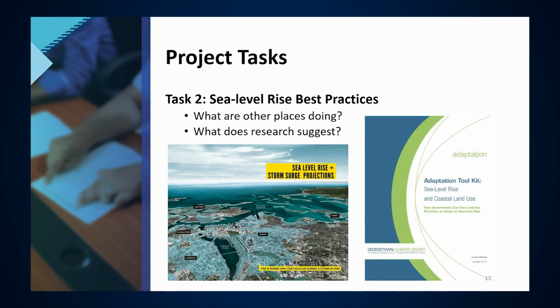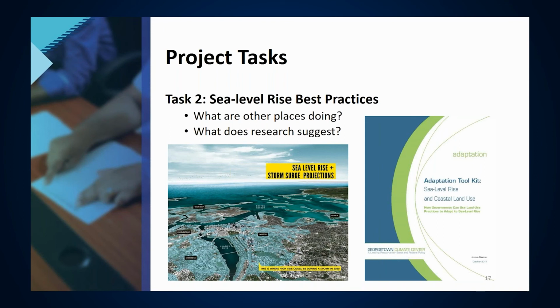Once we have the inventory in hand, the next step is to understand what other people are doing. Other places may already be implementing things pertaining to sea level rise, maybe because they're already being impacted at greater levels than we are.